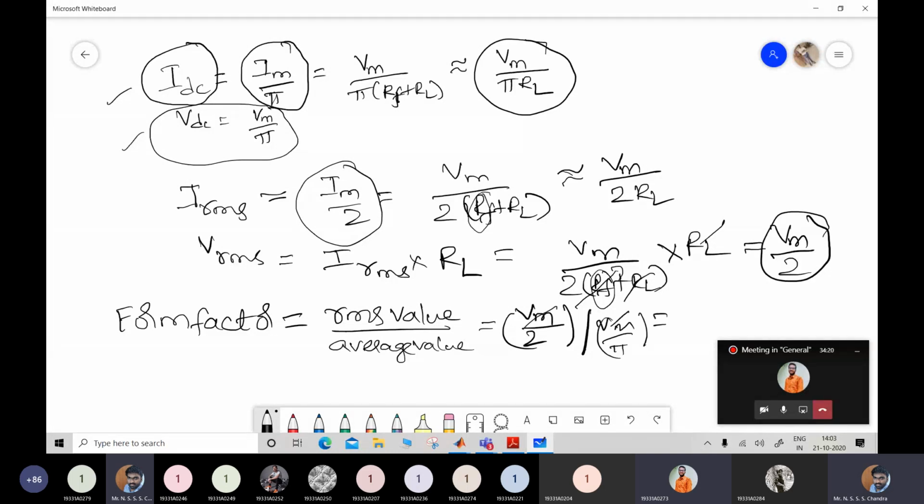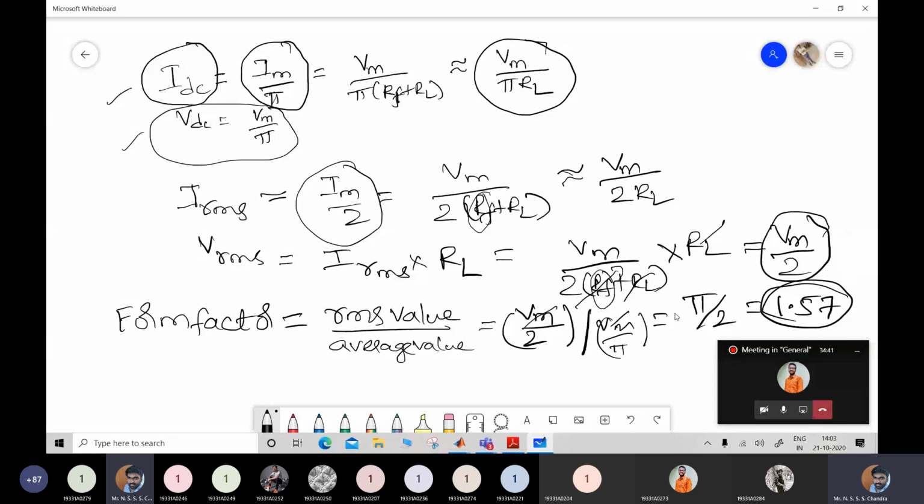Vm gets cancelled. It will be equal to pi by 2, which is 1.57. Okay, you can mute yourself now. Form factor value is now equal to 1.57.